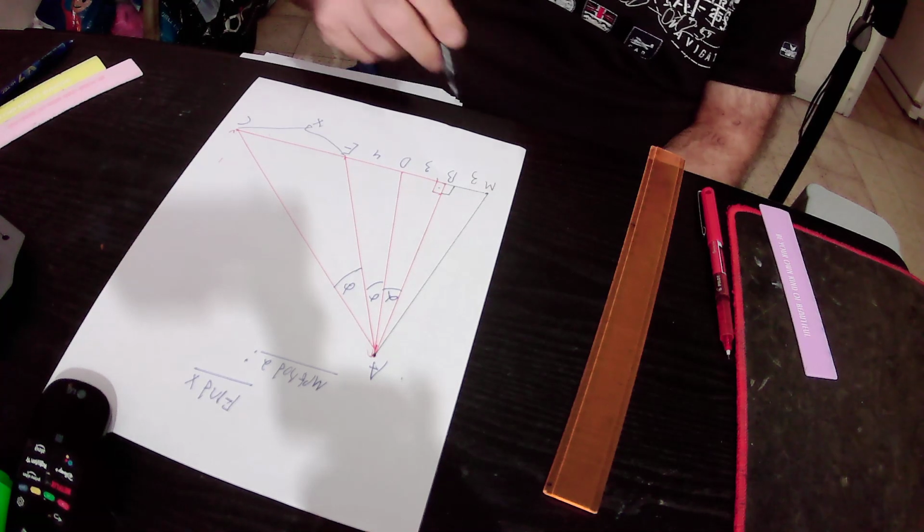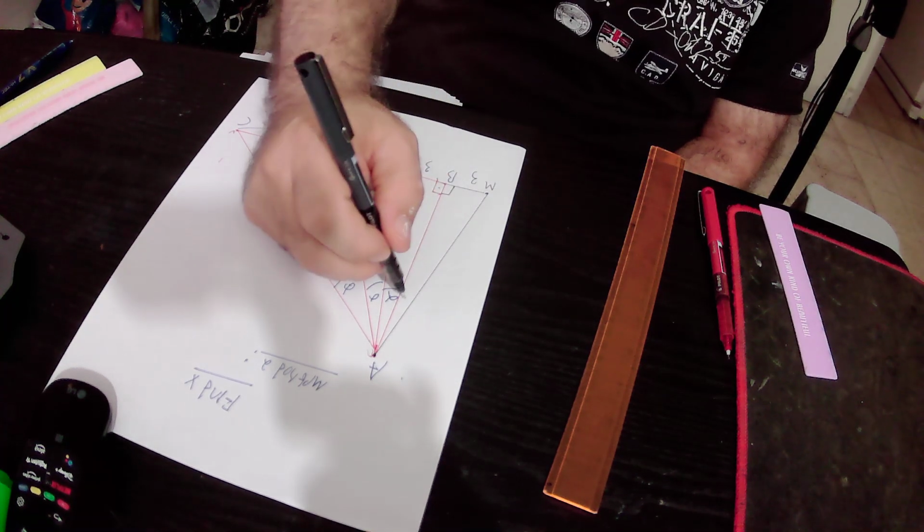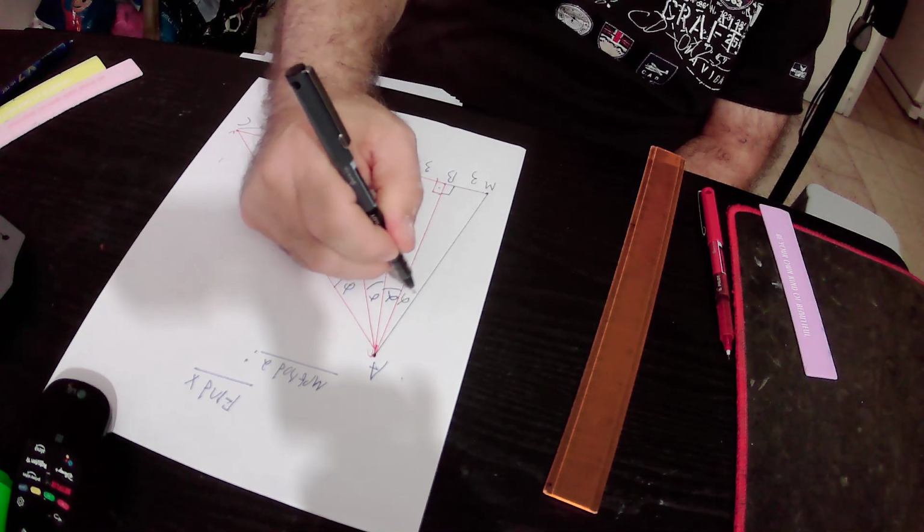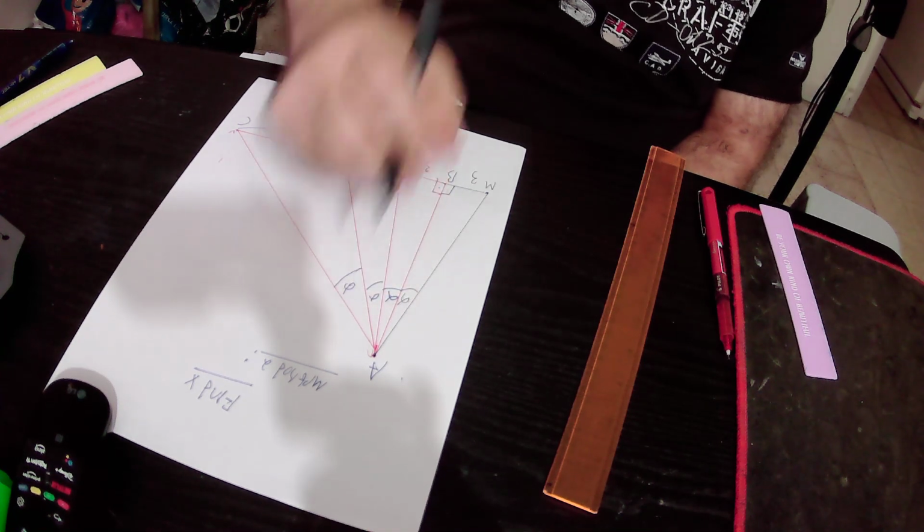So angle MAB will also be equal to alpha, because those two angles are equal to each other.